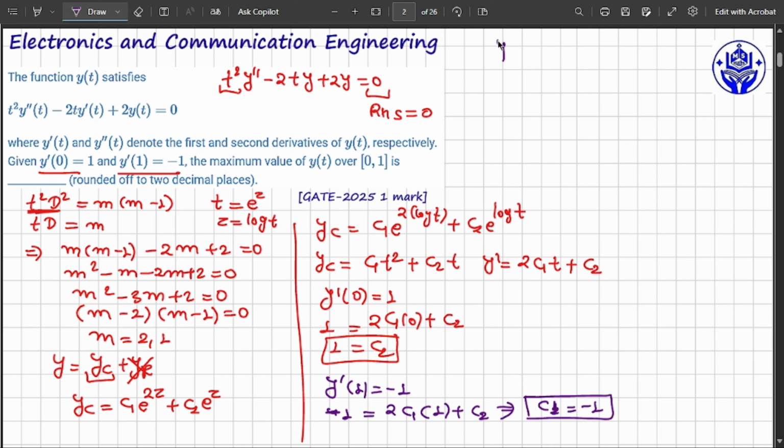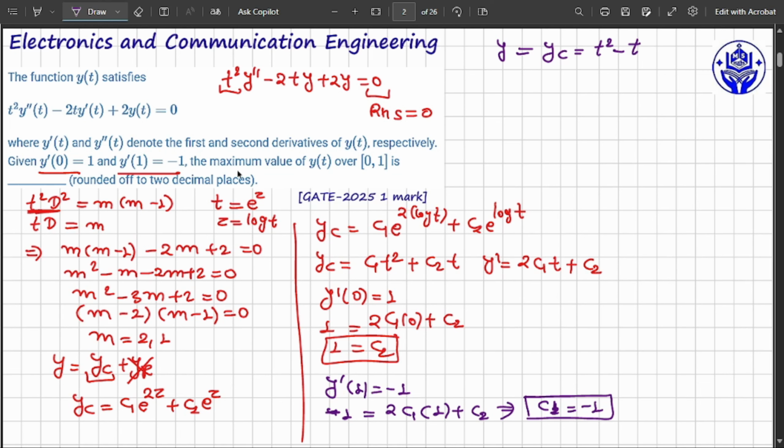So the solution, that is the complementary function for this particular differential equation, is y equals t square minus t.